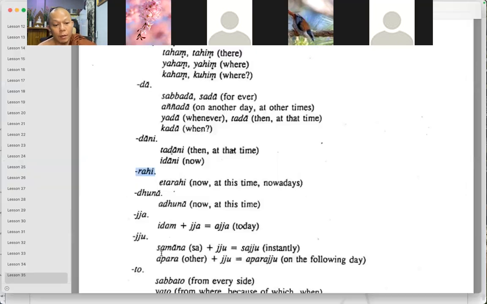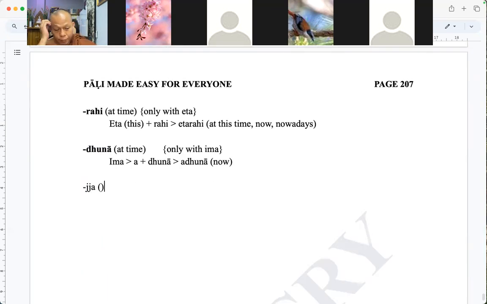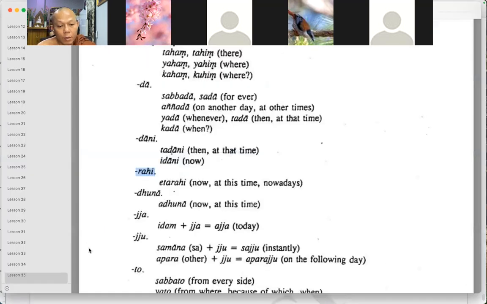And then dona, and the ja. So ja, the suffix ja. Also, how to say? Maybe the meaning of ja is a day or today.